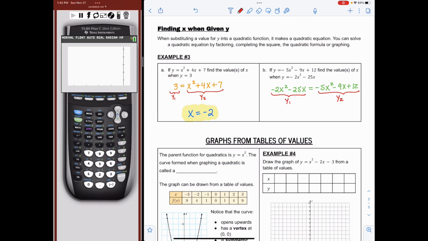All right, and when I graph it, this is the way my graph is going to look. Now, I can't see my full graphs, and I see both of the colors, but I don't really see it well. So I'm going to hit zoom, and I'm going to go down to zoom 6 in order to put it as a 10 by 10 graph like I'm used to seeing it. So zoom standard.